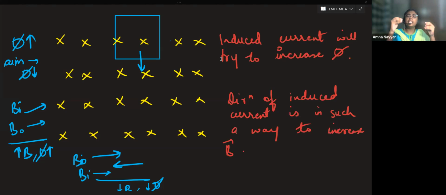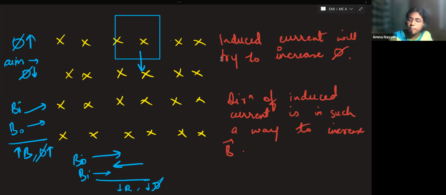Now, in any direction, in any path you choose, if they are pointing opposite to each other, induced is inwards and original is outwards, induced is upwards and original is downwards, whether one is right and the other is left, one is up and the other is down, the resultant will be what? Lesser, because the net magnetic field will be what?